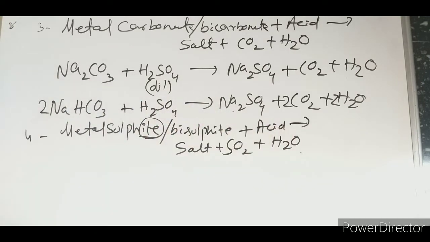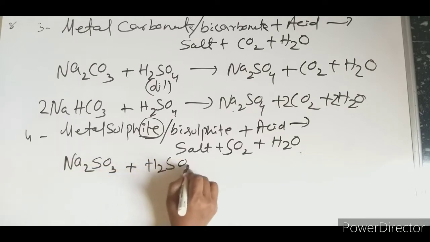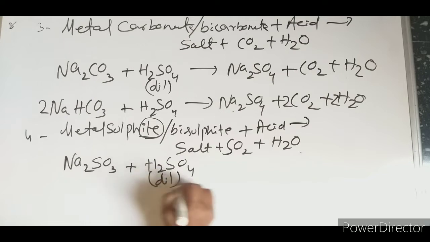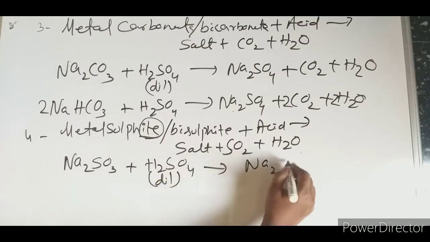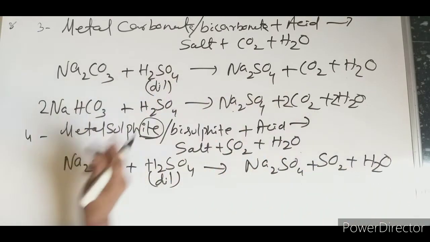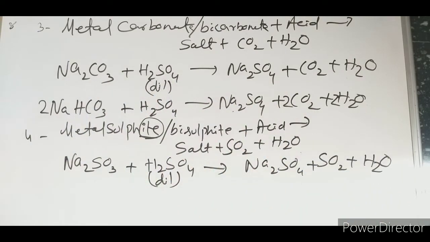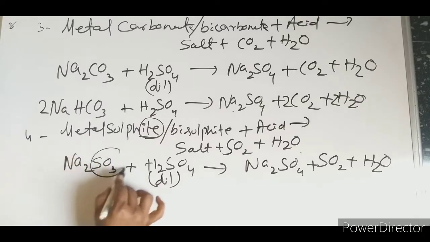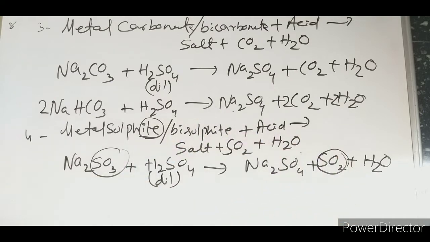The same thing: let us take Na2SO3 plus dilute H2SO4, which gives rise to Na2SO4, SO2 and water. So from the sulfite, remember, sulfur dioxide comes out.